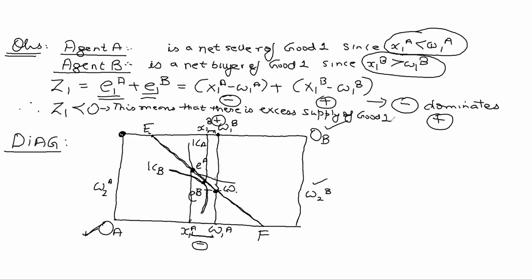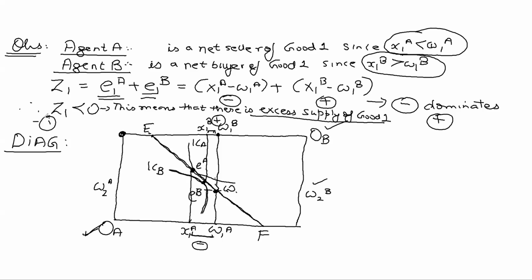Z1 positive means there is excess demand for good 1, but Z1 negative will mean the reverse. Z1 negative will mean there is excess supply of good 1. So this is my first observation.